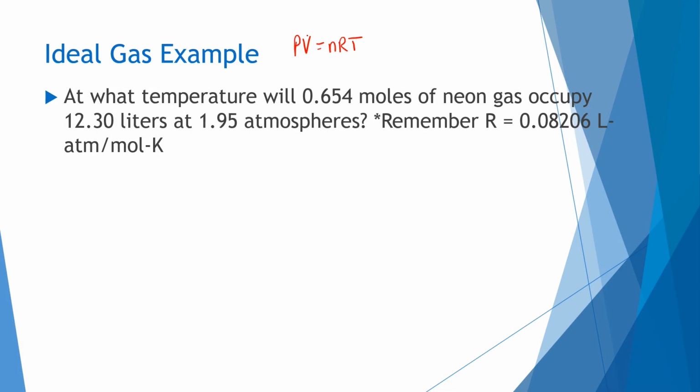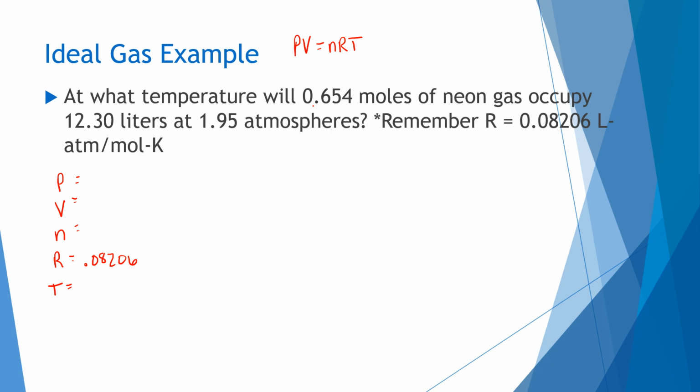So familiarizing yourself with this is going to become very crucial. We're going to list out our variables, P, V, n, R, T. We already know our R value, so I'm going to plug in 0.08206. From here, we're just going to read our problem to make sure, one, we have our correct variables, and two, they're in the correct units.